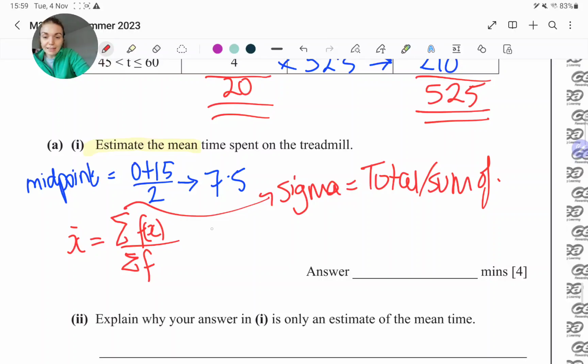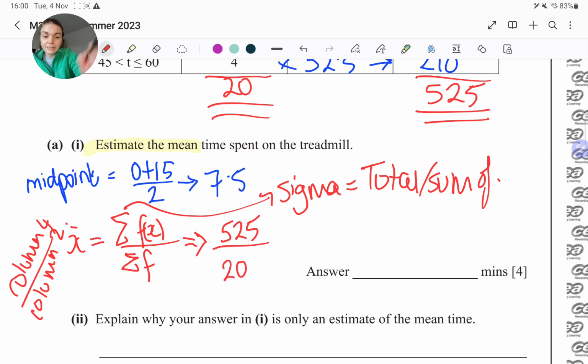Then you can just remember column 4 divided by column 2. The column you've multiplied up, and then your frequency, so 525 divided by 20. And that gives you 26.25. And that is your answer.